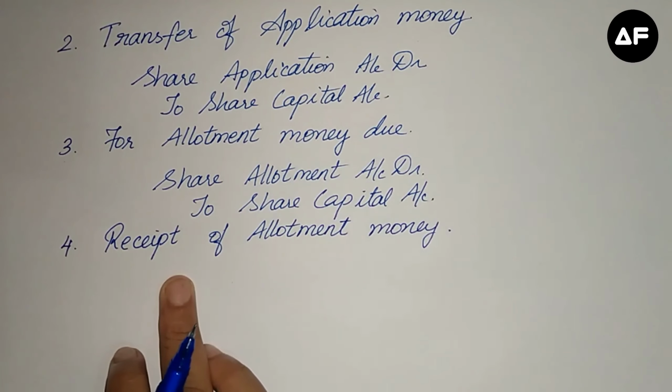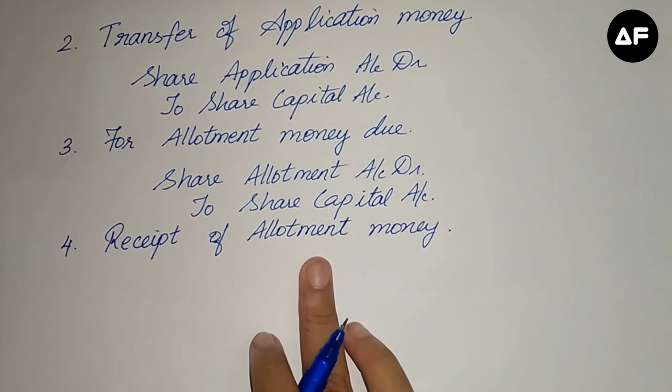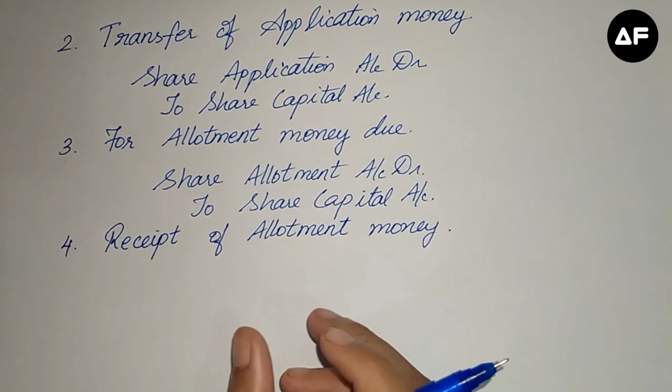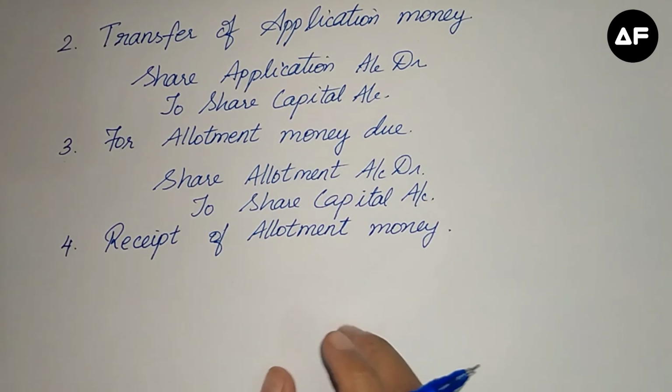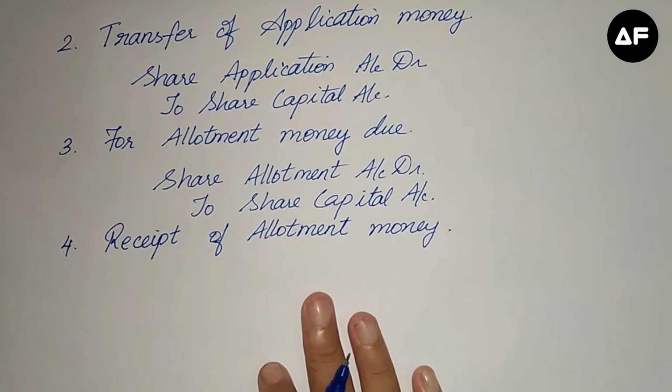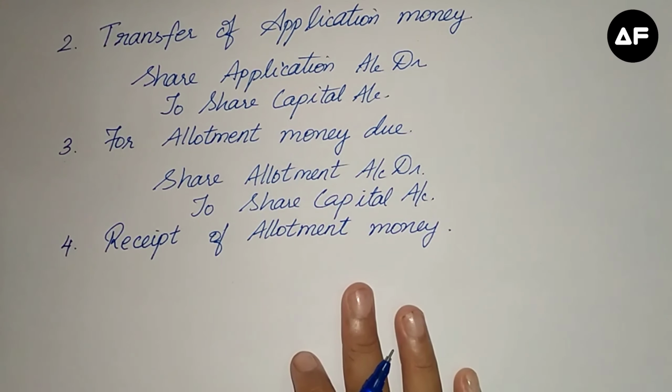So the fourth process, if you see, is receipt of allotment money. As soon as they call you up from the college that your seat has been allotted, you will take a percentage of money, or a particular amount of installment, to pay to the college. So here you are going to pay the money to the college for the seat allotted to you.